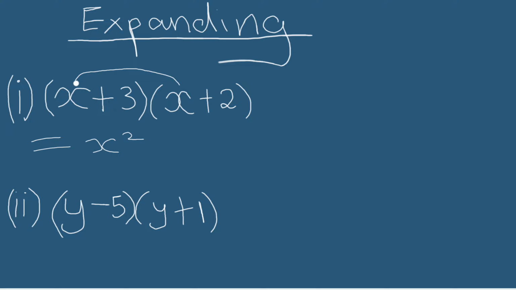Then x times 2 is plus 2x. Now 3 times x is plus 3x, and 3 times 6 is plus 6.